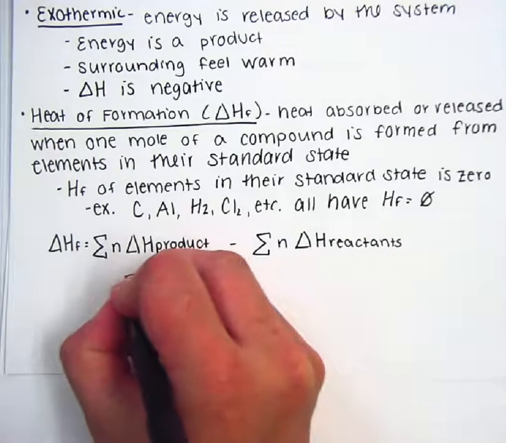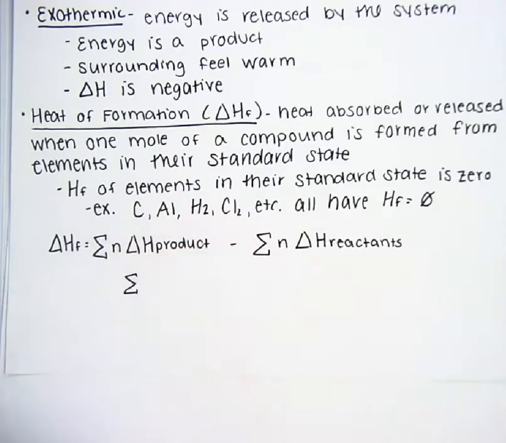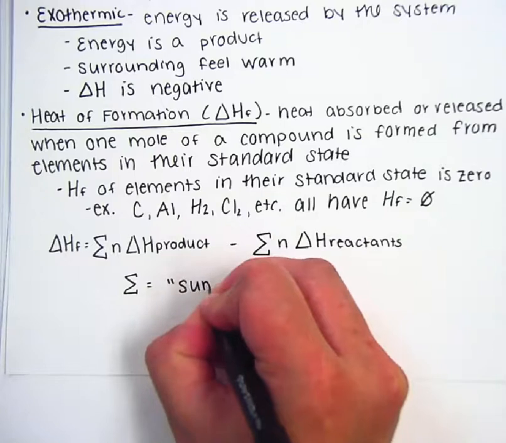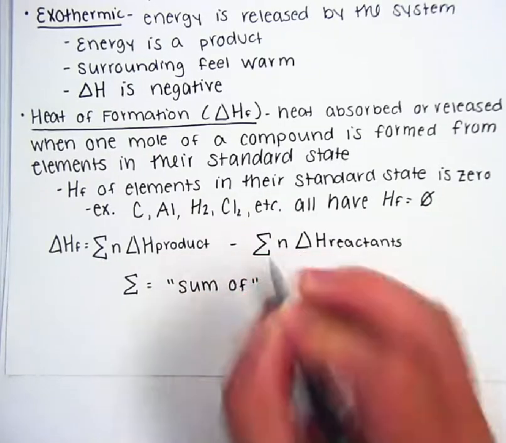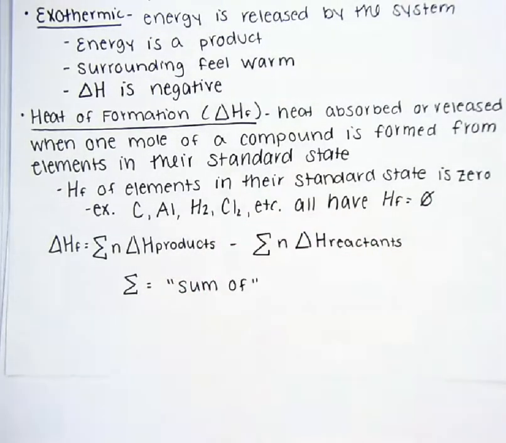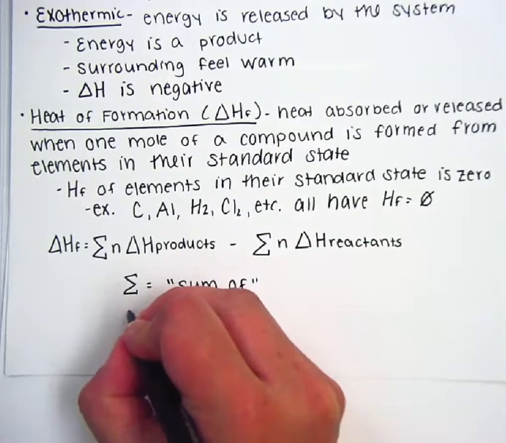So we're going to take the sum of the products and subtract the sum of the reactants.